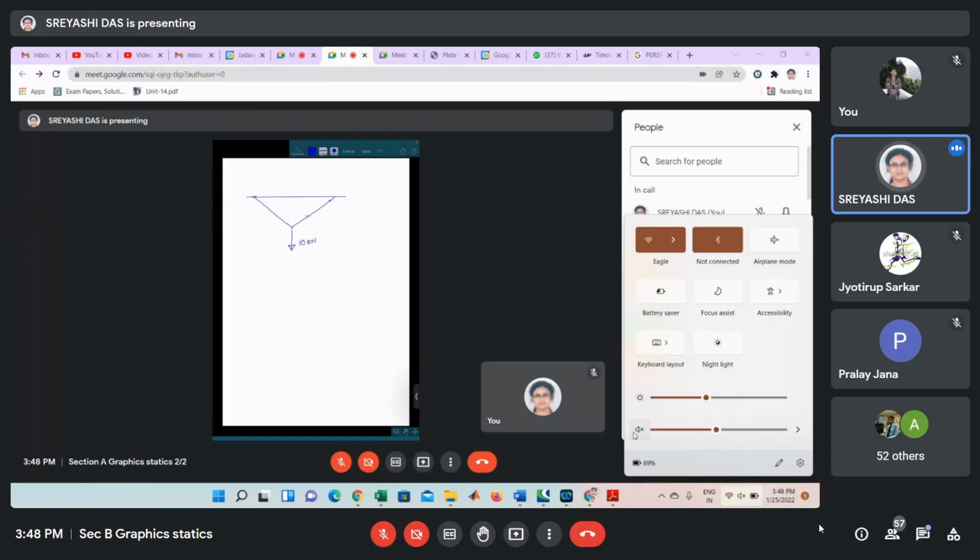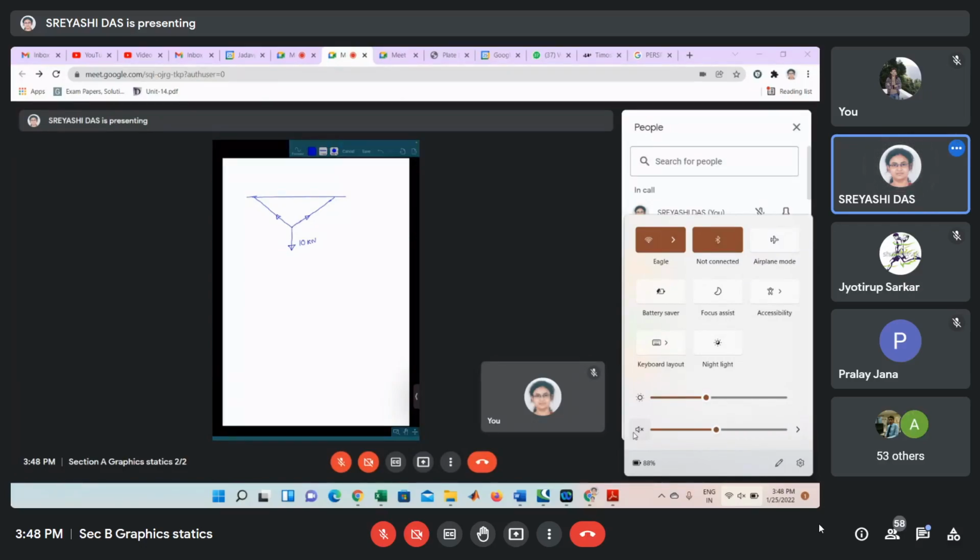So what will be the tension force in these strings? What will we do here, how can we find out?